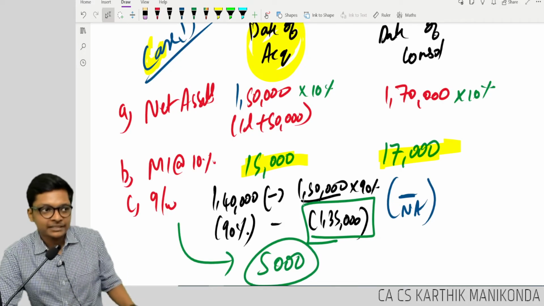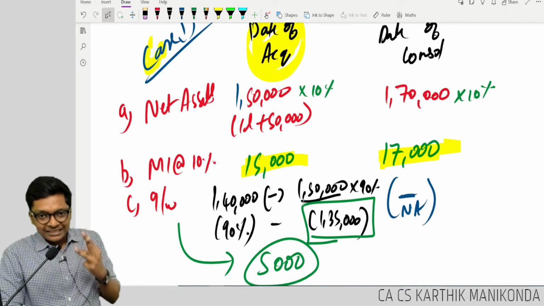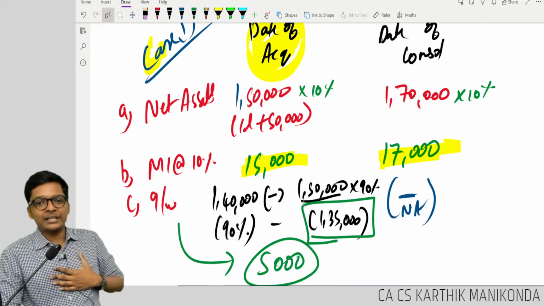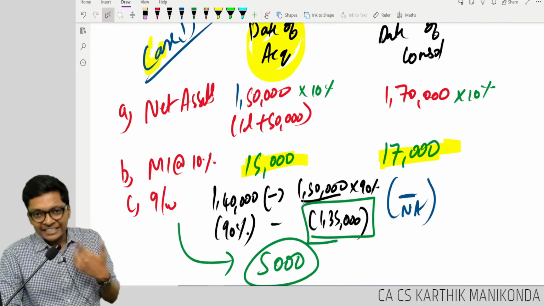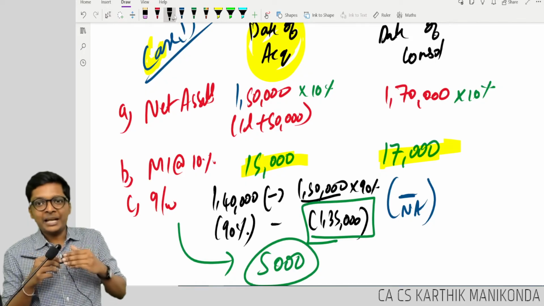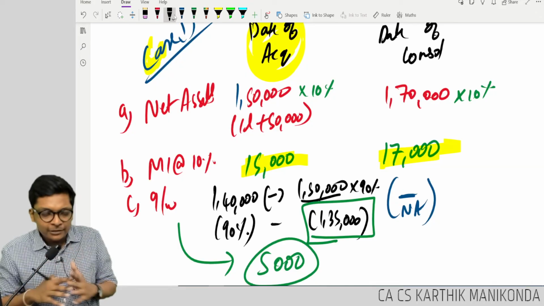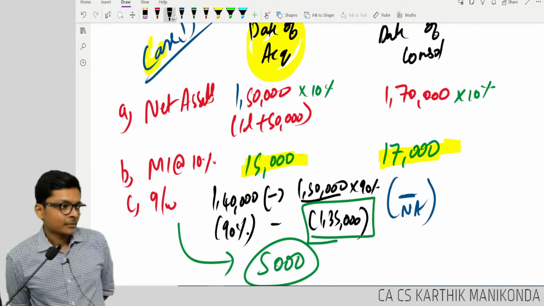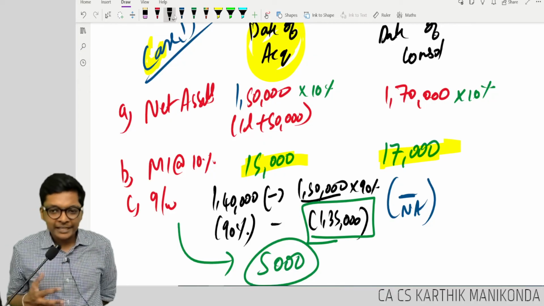You have to do case 2, 3, 4. One by one. Finish case 2, then go to case 3. Then finish case 3, go to case 4. Still we have a lot of concepts, guys. Sir, what happens to profits earned? I'm yet to teach all of that. If you're able to do case 2, 3 and 4 comfortably, you have control.